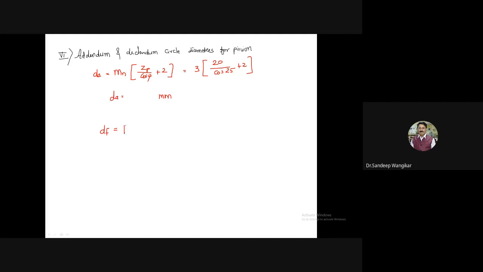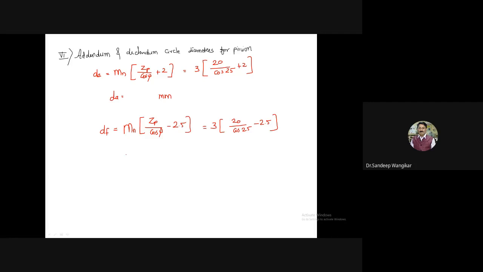Df is equal to normal module in bracket Zp divided by cos psi. As we are calculating for pinion, I have written here Zp, minus 2.5. So I can say here 3 into bracket 20 divided by cos of 25 minus 2.5.